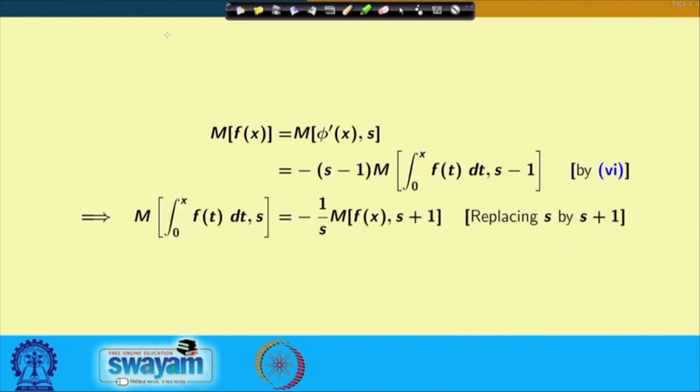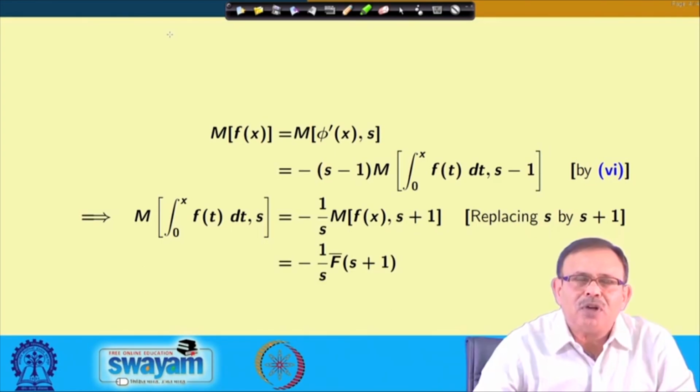From here you can write the Mellin transform of integral from 0 to x of f(t) dt with the parameter s equals minus 1 by s times the Mellin transform of f(x) with the parameter s plus 1, that is f bar s plus 1, which completes the proof of this.